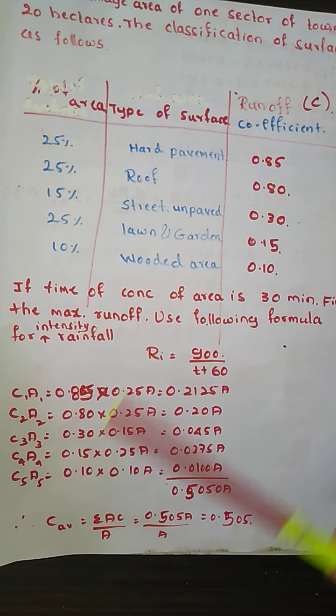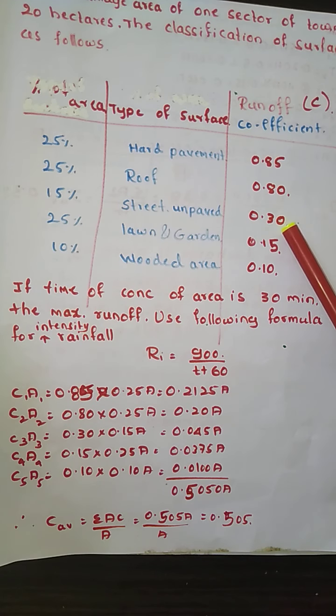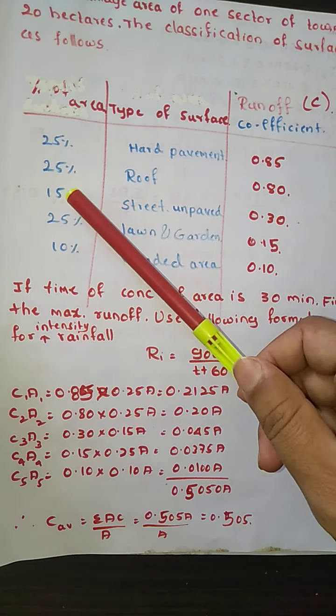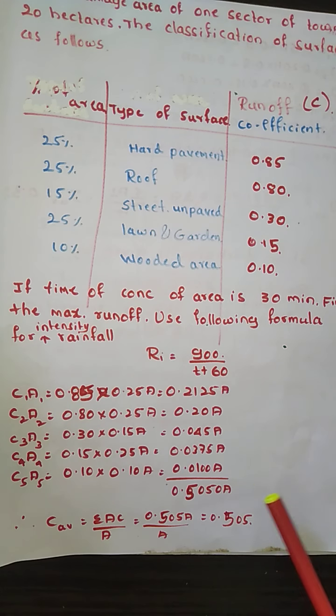Then C2 A2, 0.80 into 0.25, then into A. Then C3 A3, 0.30 multiplied by 0.15, so here we are going to get 0.045 A. C4 A4, 0.15 into 0.25, so we are going to get 0.0375.